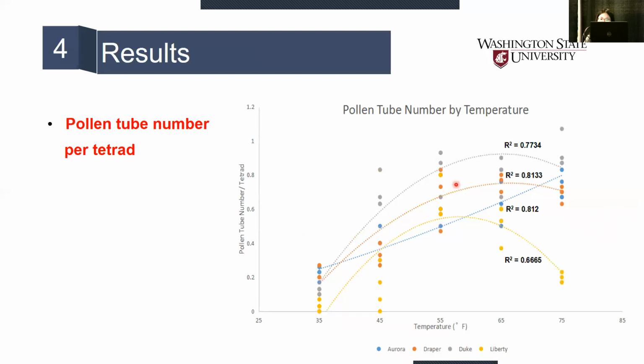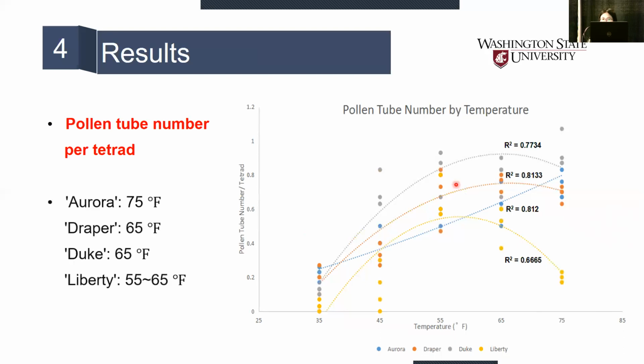Blue is Aurora, orange is Draper, gray is Duke, and yellow is Liberty. So from this data, we can know the optimal temperature for having more pollen tubes is 75 Fahrenheit for Aurora, 65 Fahrenheit for Draper, 65 Fahrenheit for Duke, and 55 to 65 Fahrenheit for Liberty.